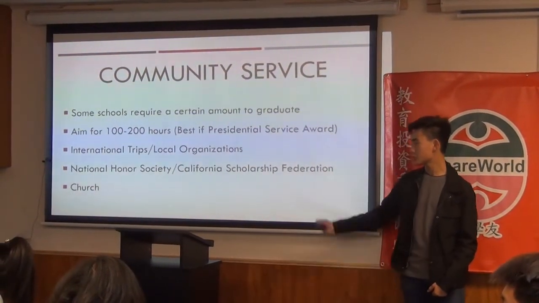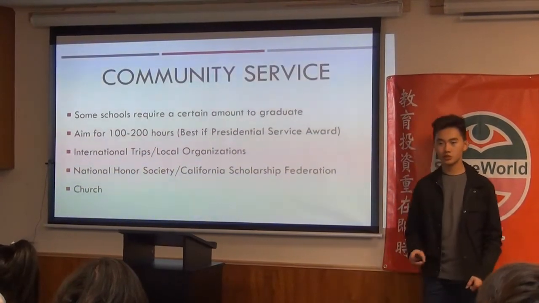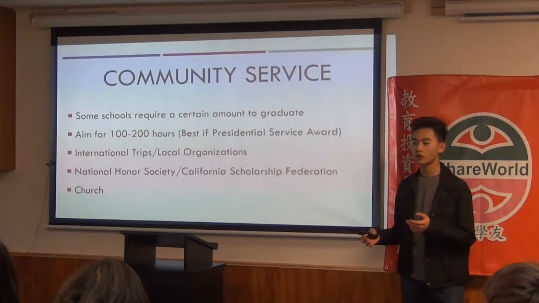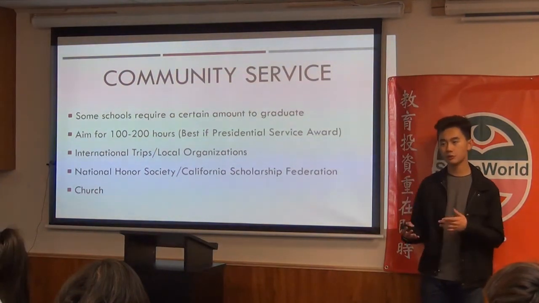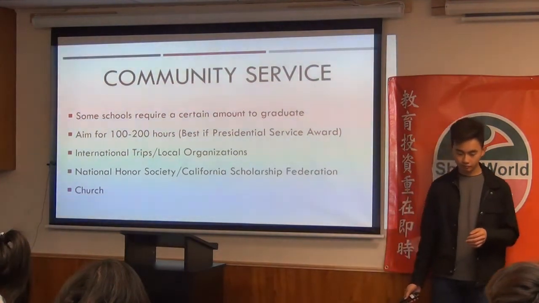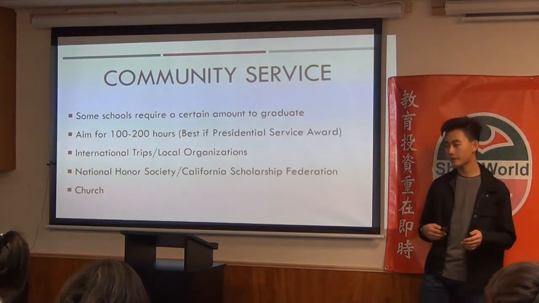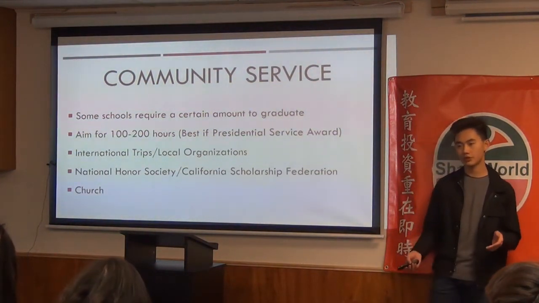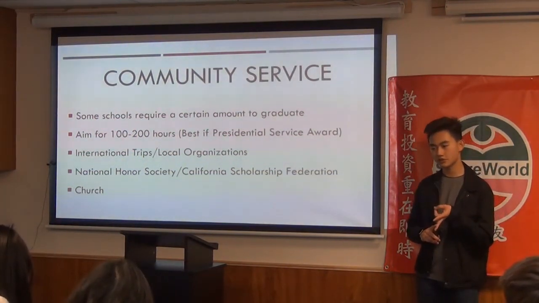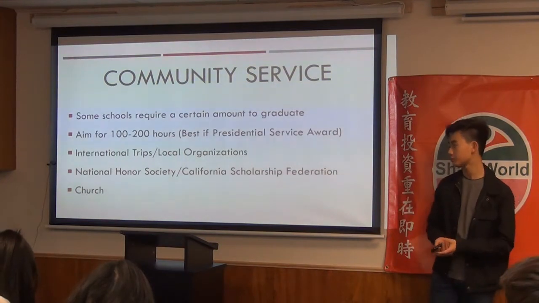You can also do international trips. So some people, they'll volunteer for like 4 weeks or 6 weeks during the summer and go to a different country and help the people there. You can also join local organizations that will provide you with volunteering opportunities to help around the area. So generally, these are for the elderly or for the disabled or for some other groups of people.